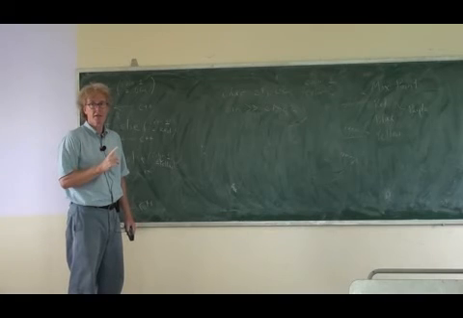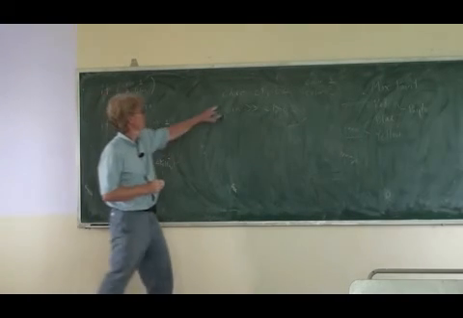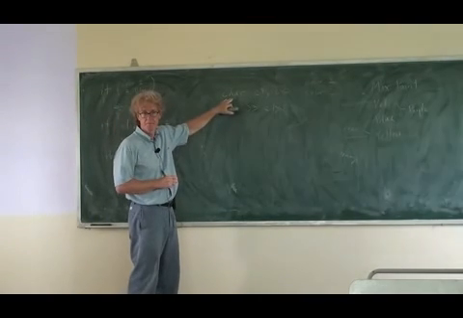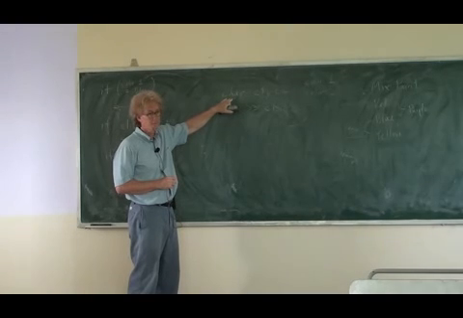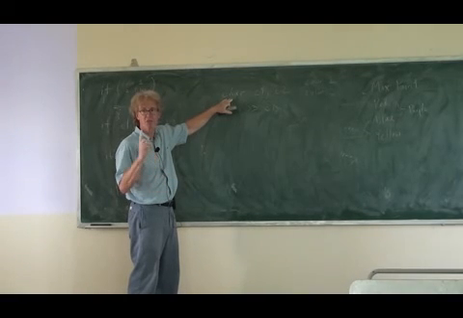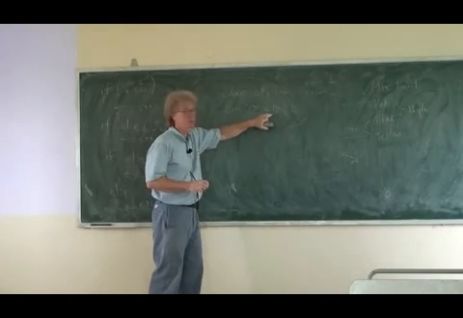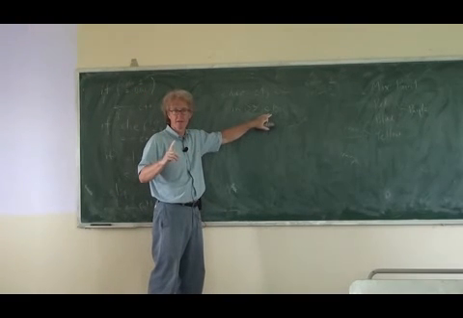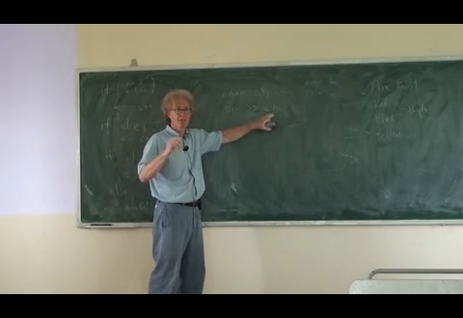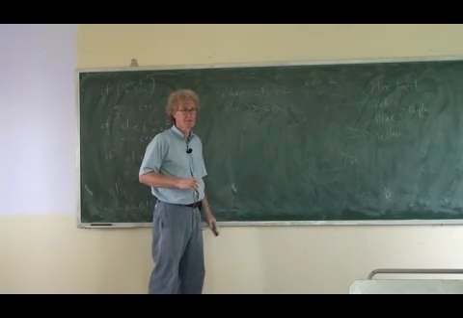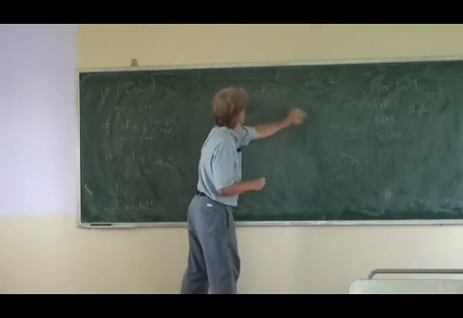How long is a character variable? A character variable in C++ is one character. Okay? So C1 is going to store one character. C2 is going to store one character. Okay? So let's put in instructions.